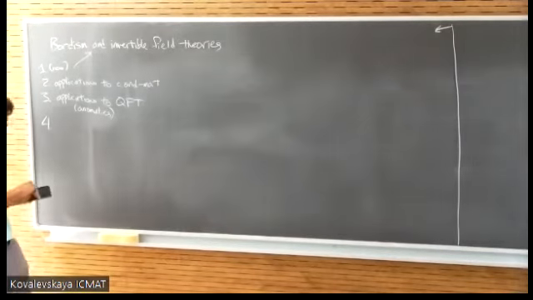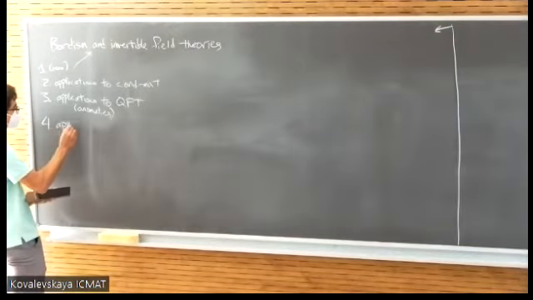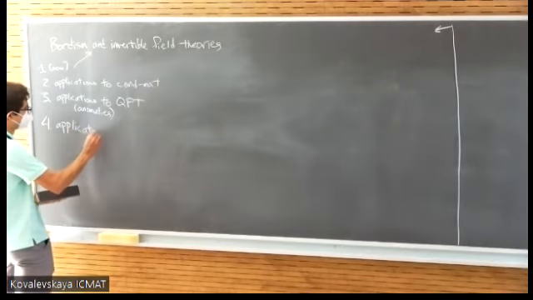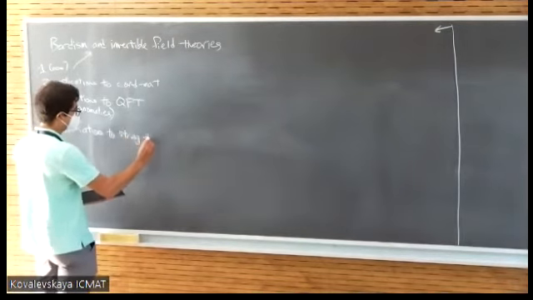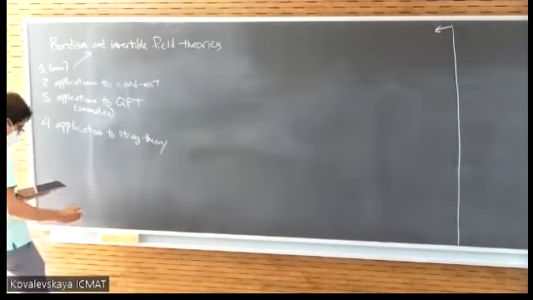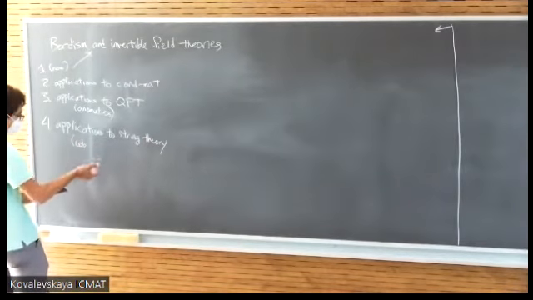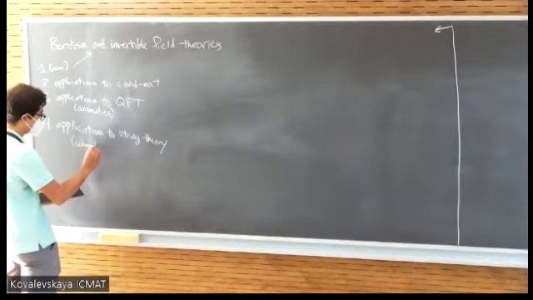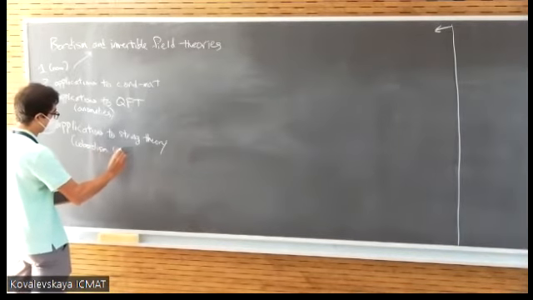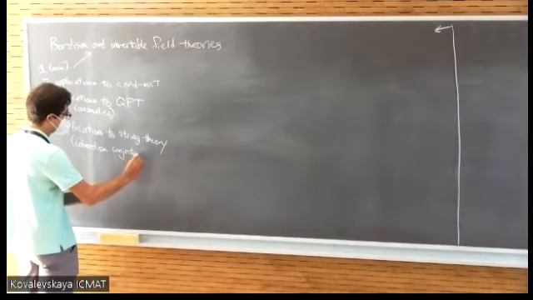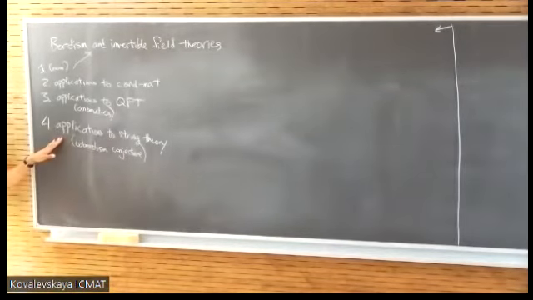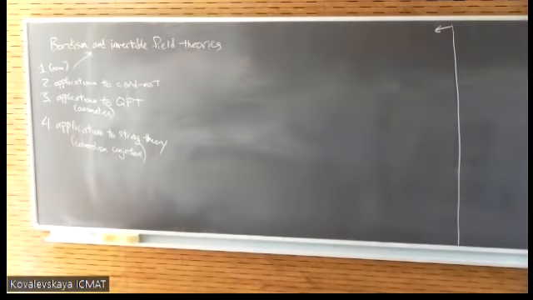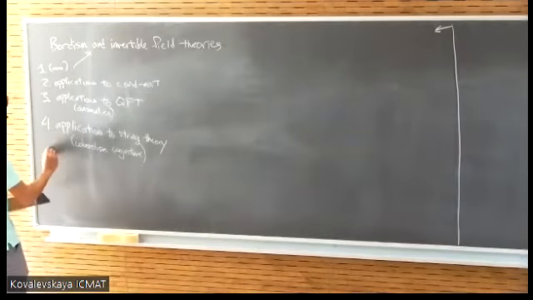And the 4th thing would be something like applications to string theory, for example, the cobordism conjecture of McNamara and Vafa. Out of all these applications, I think this is the one that is most interesting for people in this room. But hopefully these will also be interesting.